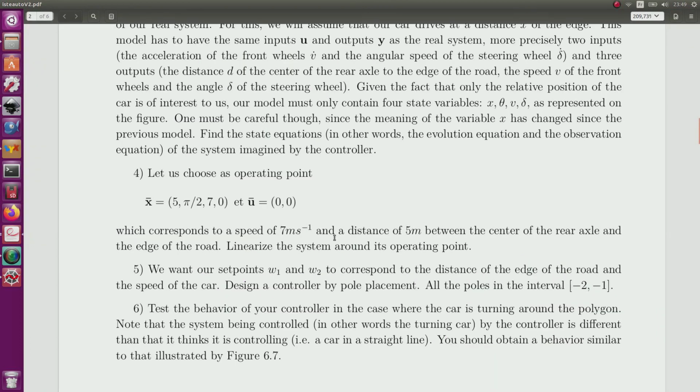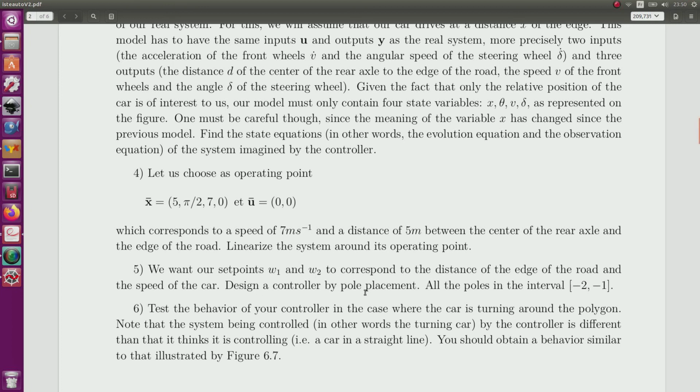Next question. We want the set points to correspond to the distance to the wall and the speed of the car. So I can decide to control only two state variables because I have only two inputs, and here I have chosen to control the distance and the speed, which seems reasonable.